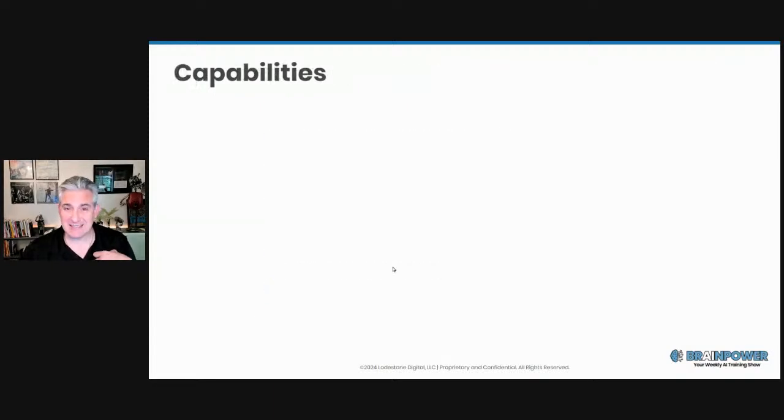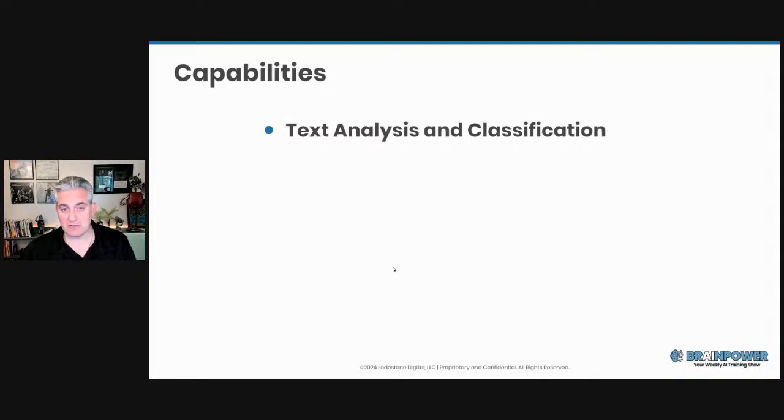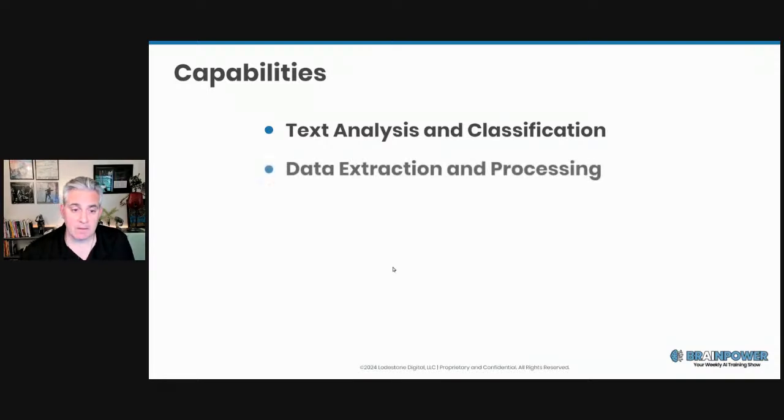Now, some more of the tactics and the capabilities around this include text analysis and classification. So if you have a large body of text, you can go in and separate out parts of that based upon any type of organizational taxonomy that you have to, again, put those into compartments. Data extraction and processing.